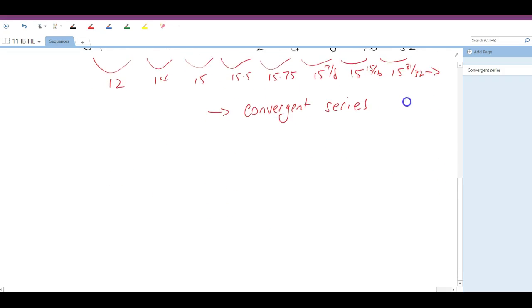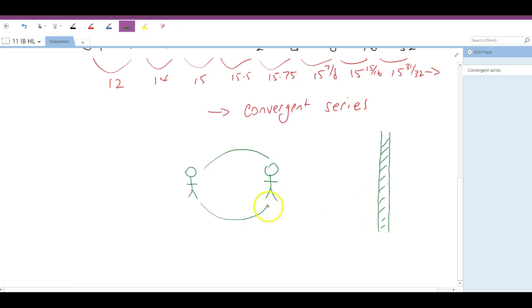It's like this principle of, if we start here, and this is a wall, we're just jumping towards this wall. We're going to measure the distance between me and the wall, and I'm going to jump half that distance. So I'm now here, and I've jumped half the distance from me to the wall.